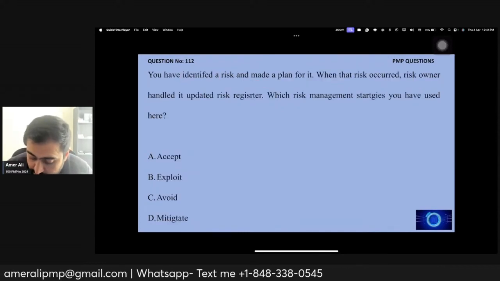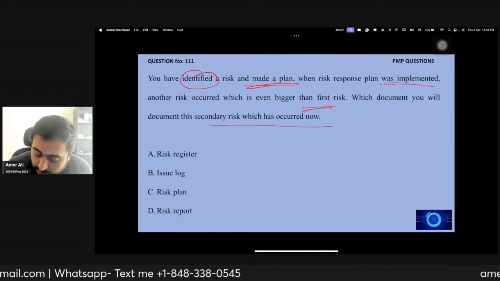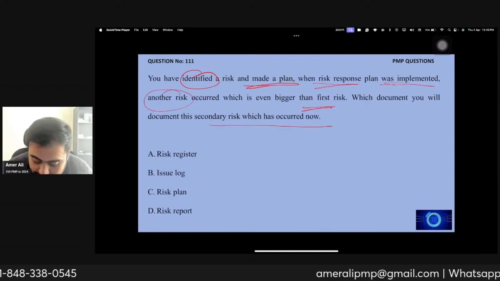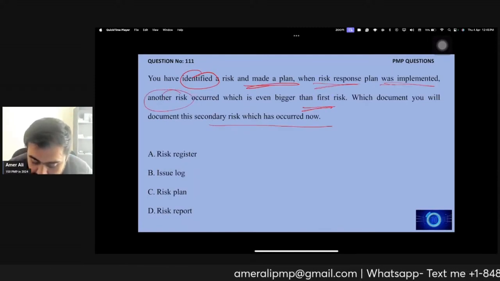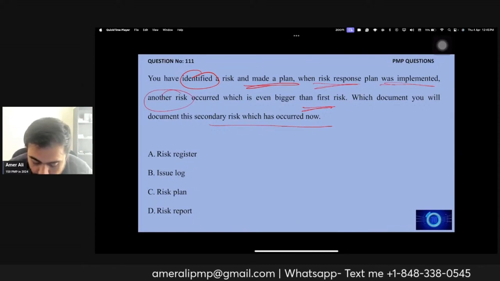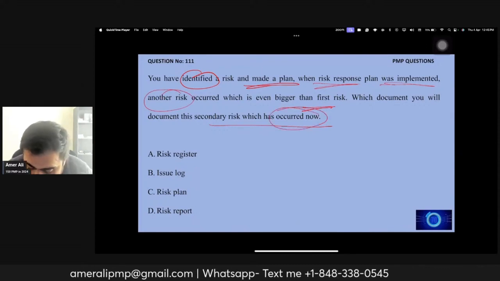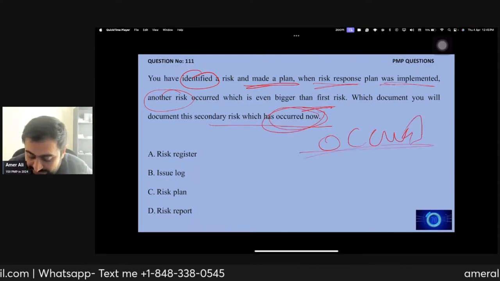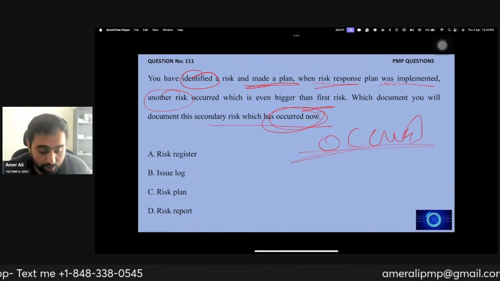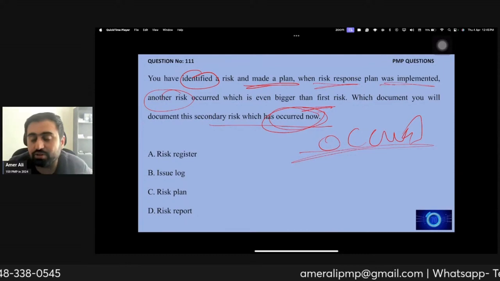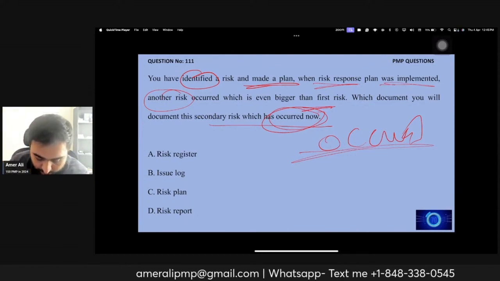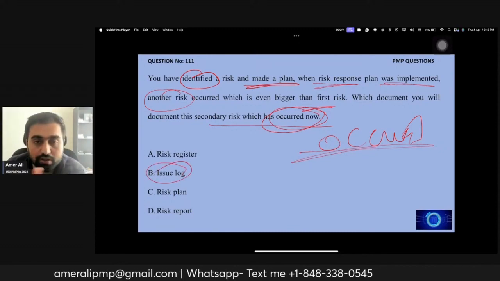When the risk response was implemented, another risk occurred, even bigger than the first risk. That's a good question. Which document will you use to document this, which has occurred now? Occurred now. We don't have a plan for it. You see, the same question in a twisted language. We'll go with the issue log. You don't have a plan for it.